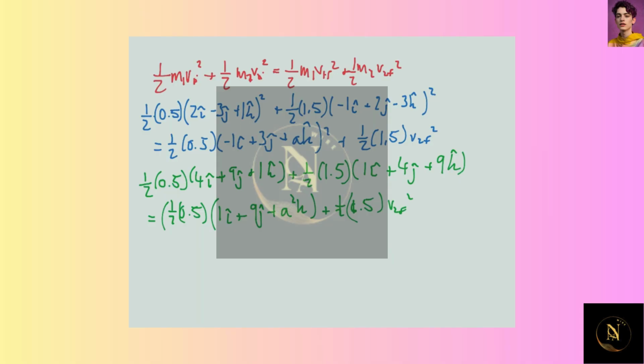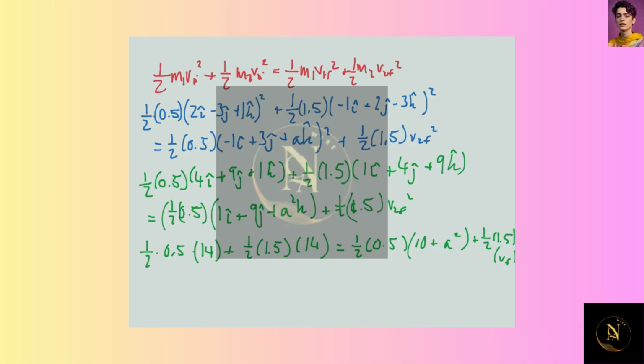So we end up with 1/2 times 0.5 multiplied by 4 plus 9 plus 1, which is 14, plus 1/2 times 1.5, and the same thing again, 1 plus 4 plus 9, which is 14 here, and then that's equal to 1/2 times 0.5, here I have 10 plus a squared, and then of course plus 1/2 times 1.5 VF squared.